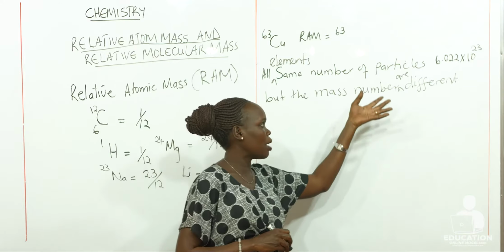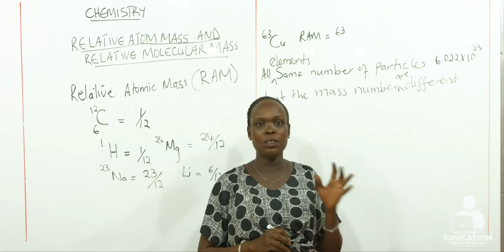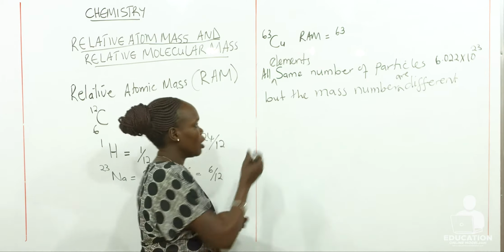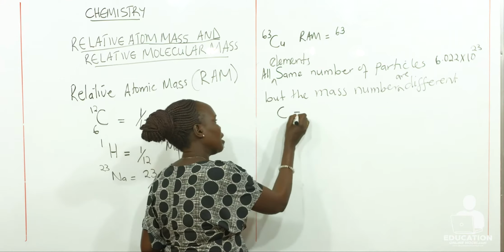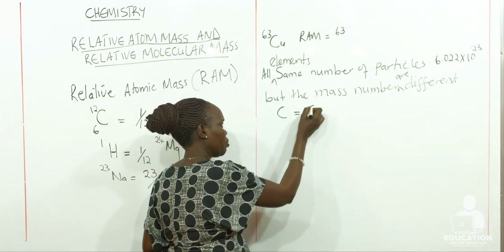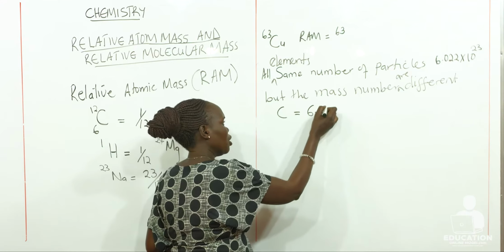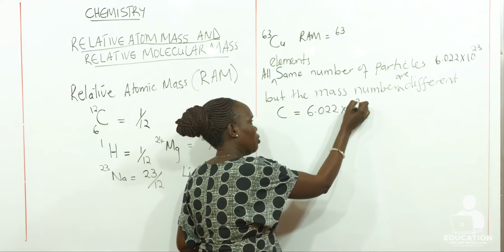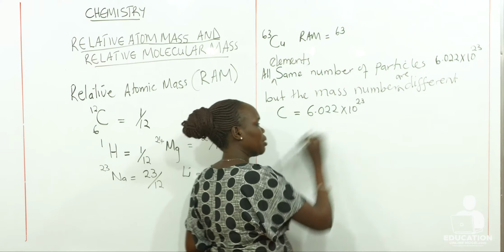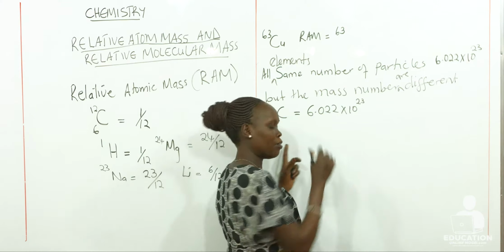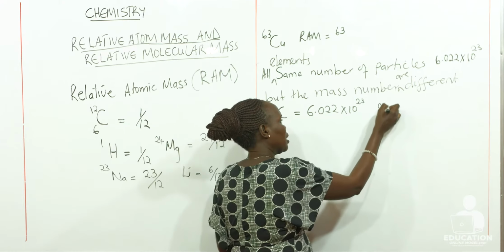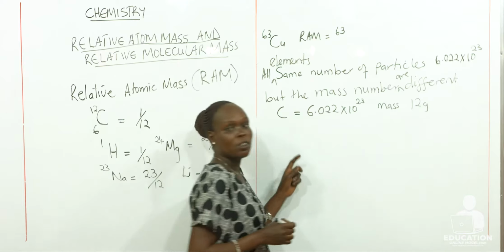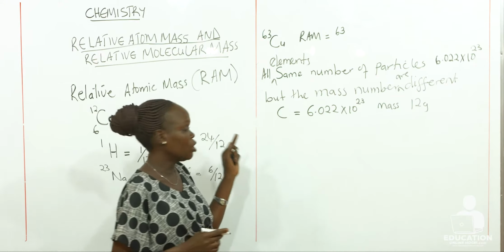So carbon has the number of particles equal to 6.022 times 10 to the power 23, but the mass of carbon 12 is 12 grams. So the mass number is 12 grams.